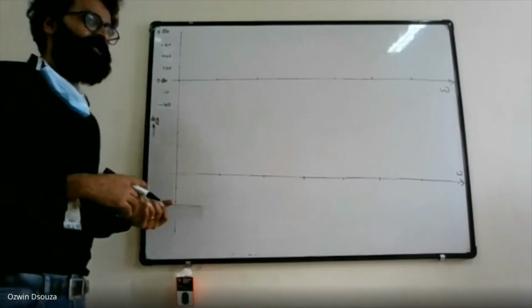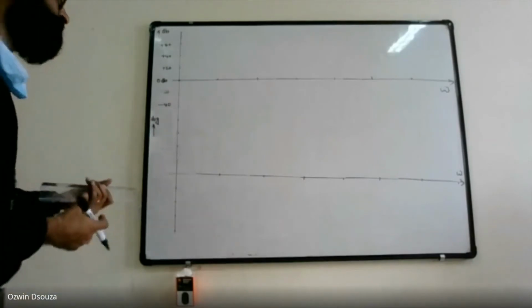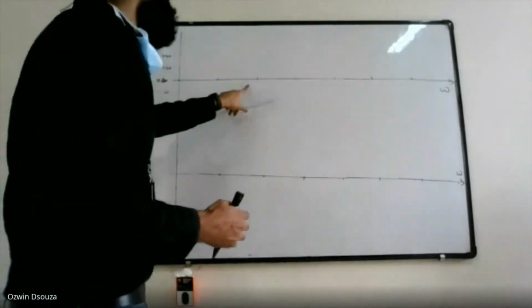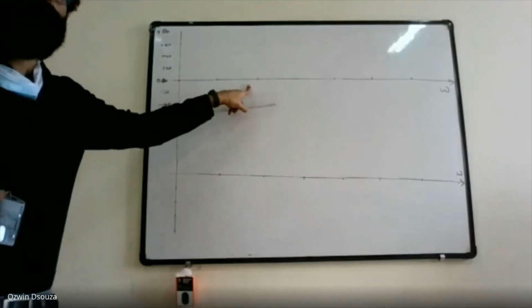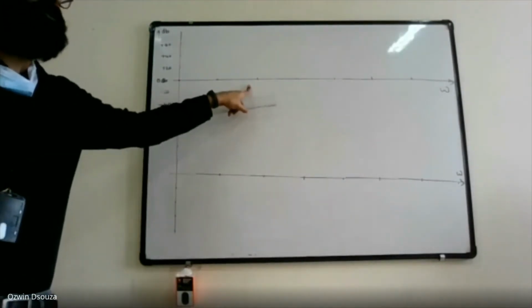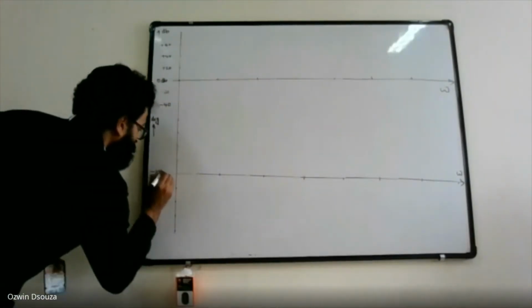Why plus or minus 180 degree? Because it is derived from the angle condition, and 0 dB is the magnitude condition. Mod of G(s) H(s) is equal to 1, or in decibel system, 20 log 1 is 0 dB. So this will be your minus 180 degree line.